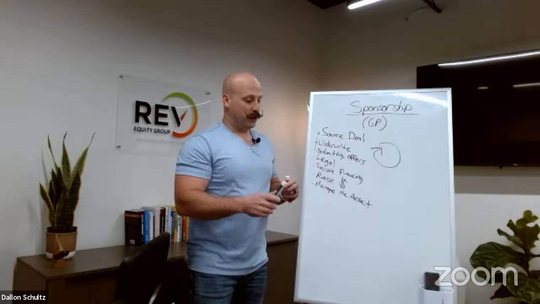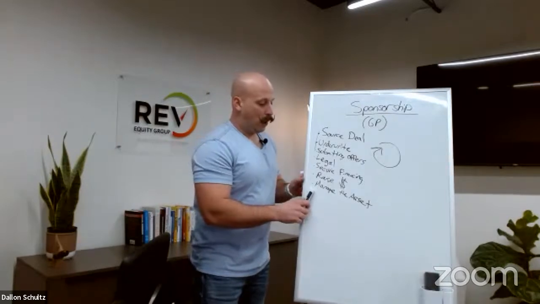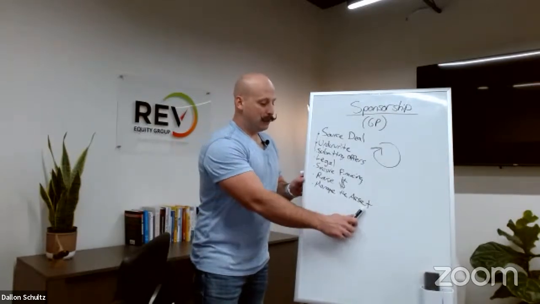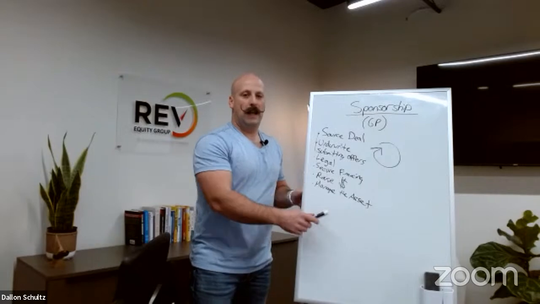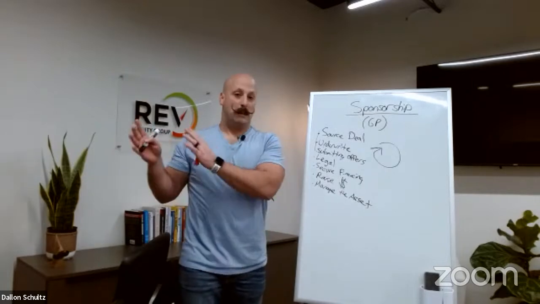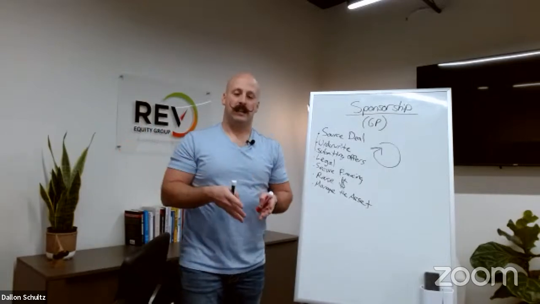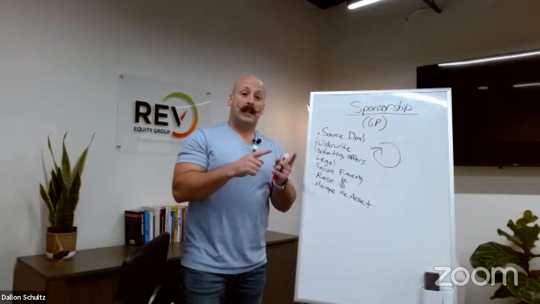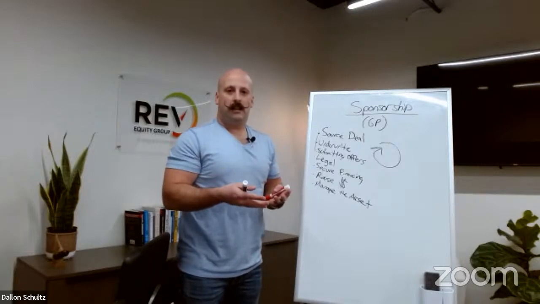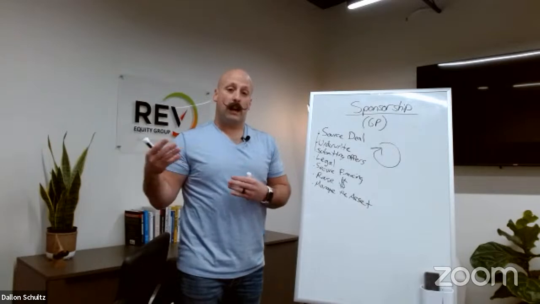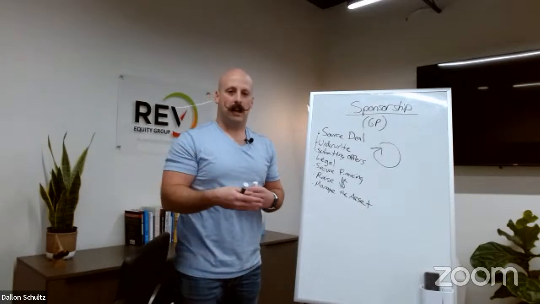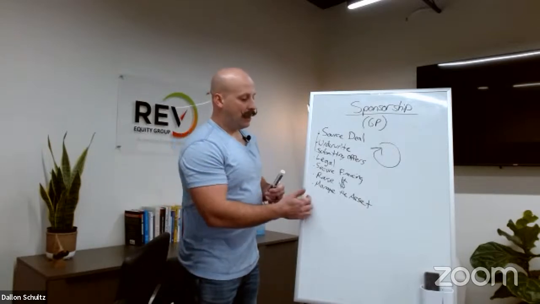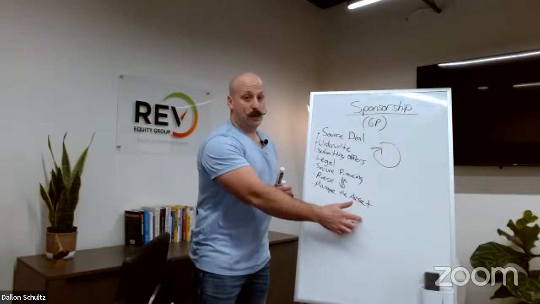And if operators aren't tuned in, don't have good systems and processes to manage the asset, you can have a really good deal with a bad management team and they can run it into the ground. And on the flip side of that, you can have an okay deal or a decent looking deal with the right management team and they can hit it out of the park. So this managing the asset is huge.